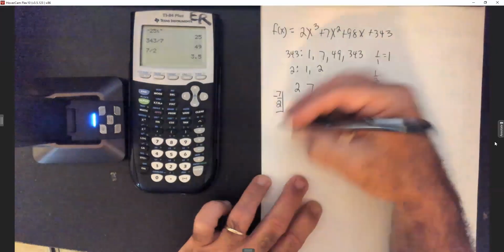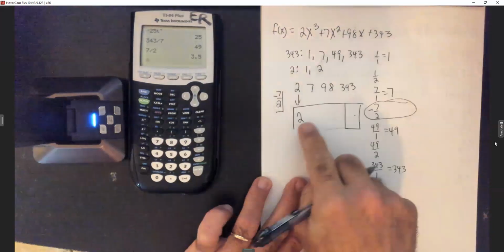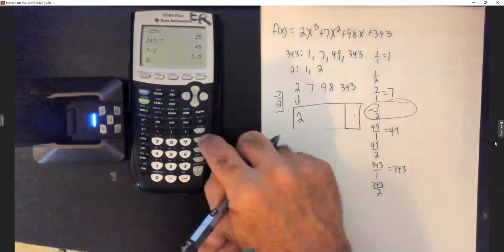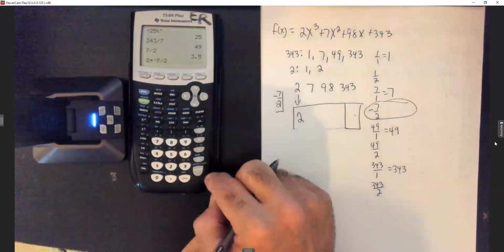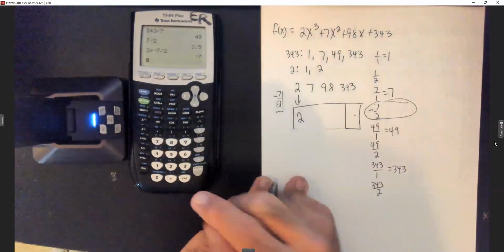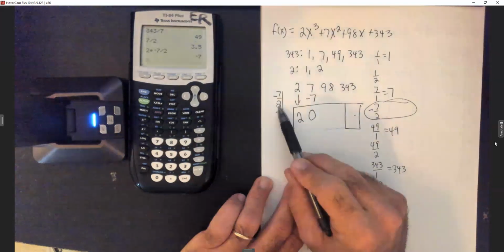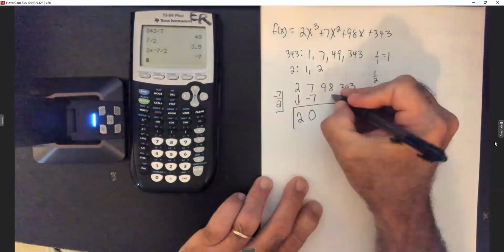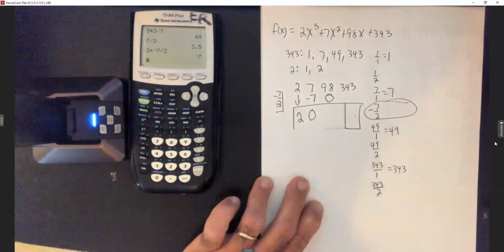Bring the 2 down. 2 times -7/2. 2 times -7 divided by 2 is going to give me -7. -7 and 7 add to get 0. 0 times -7/2 is 0. 98 plus 0 is 98.